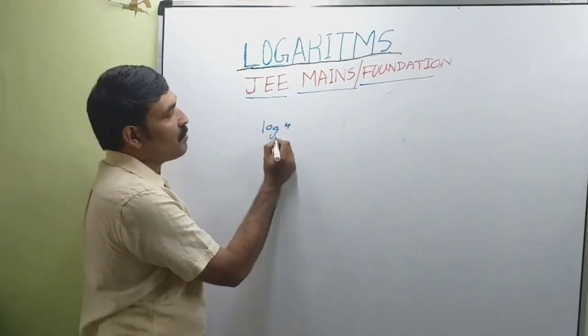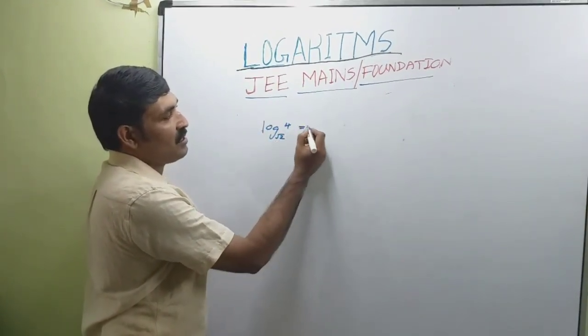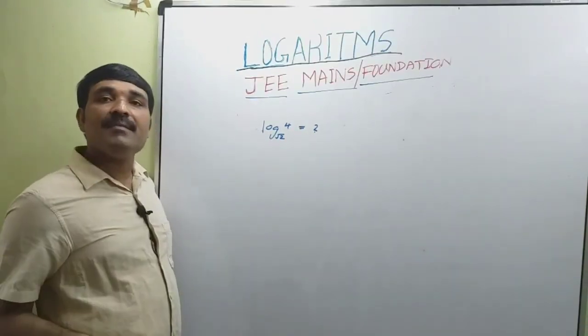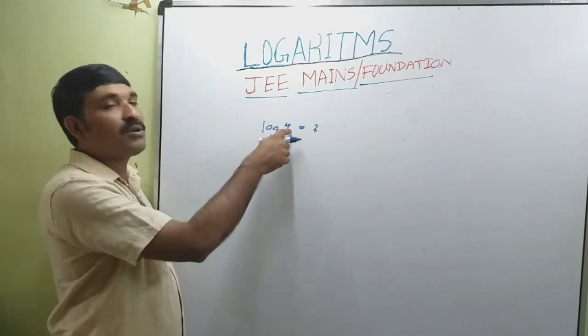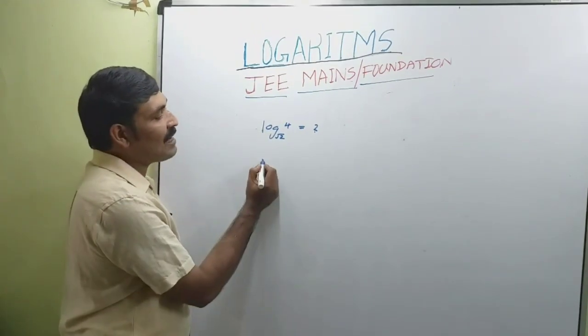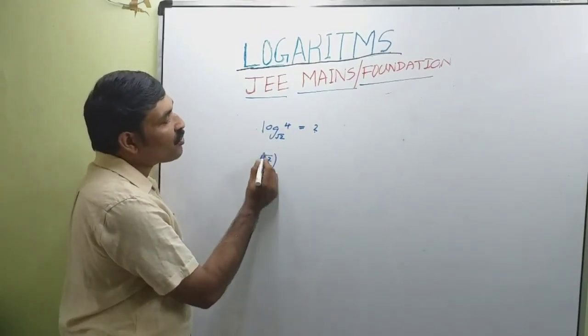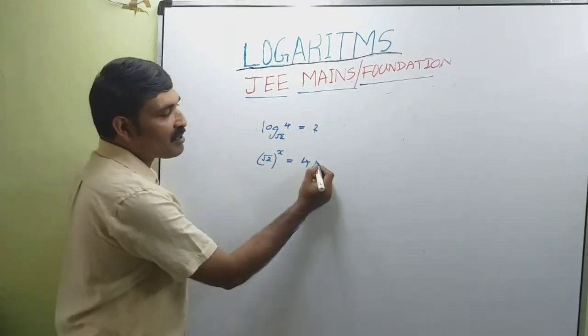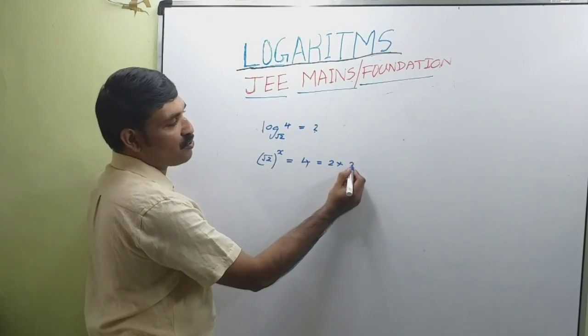Now log 4 to the base root 2 is equal to what? What does this indicate? How many times root 2 is multiplied so as to get 4? So we can write in exponential form as root 2 raised to x is equal to 4. 4 means 2 into 2.